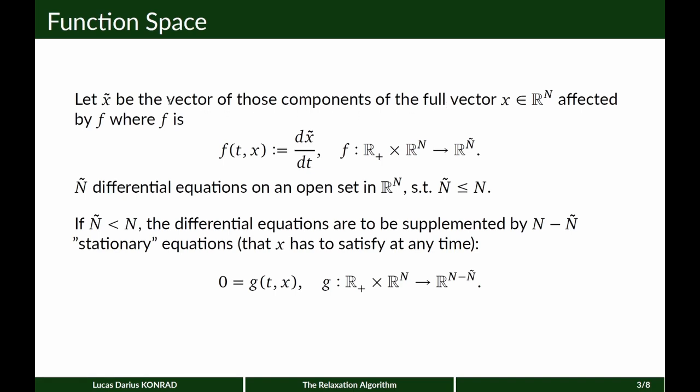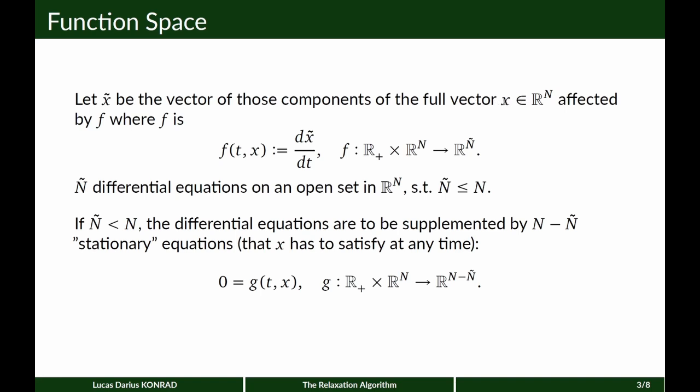But not all of these variables need to be affected by time. And this tilde notation is exactly here to capture this idea. So x tilde are all the variables that are affected by time, that change over time, that are dynamic, if you will.